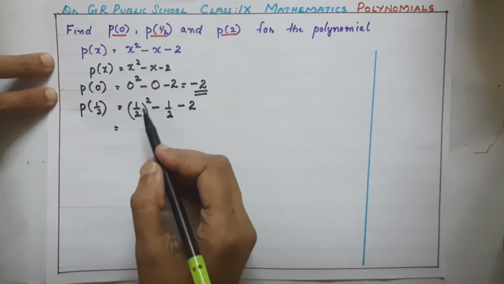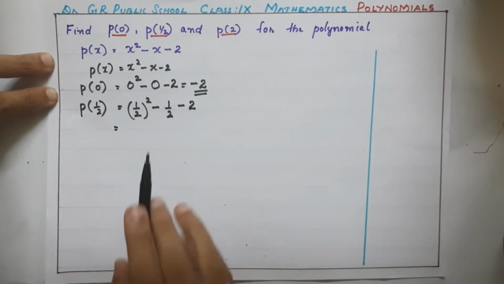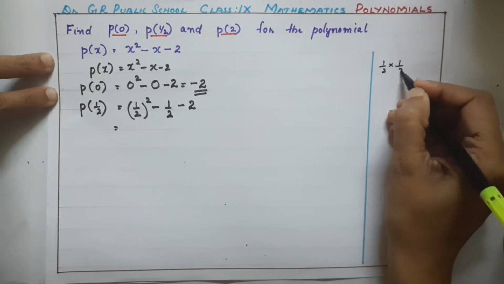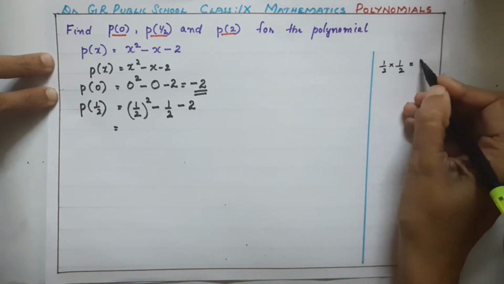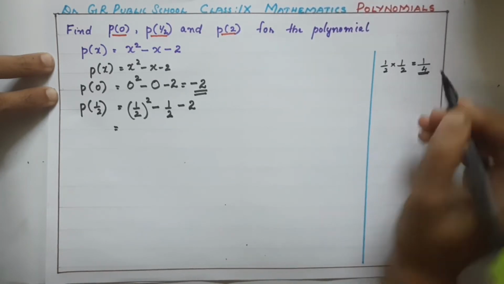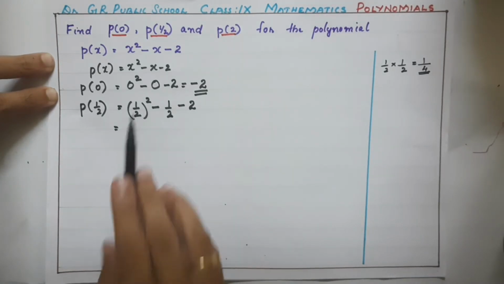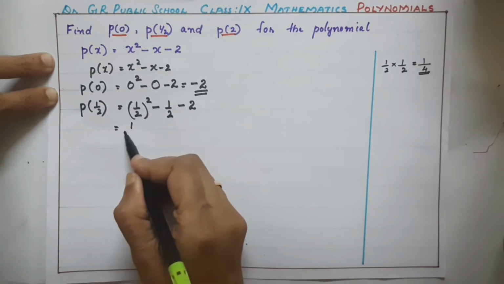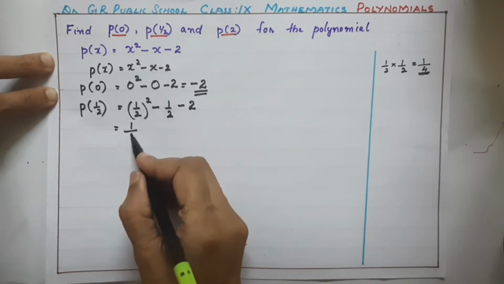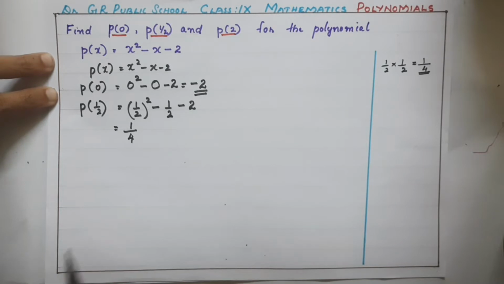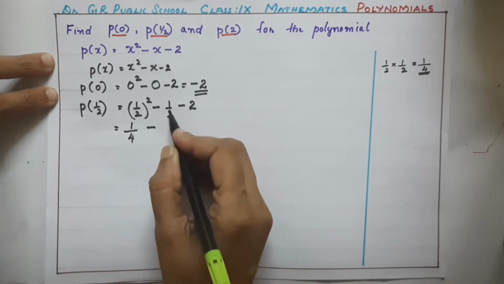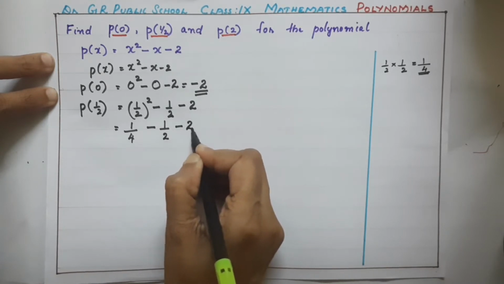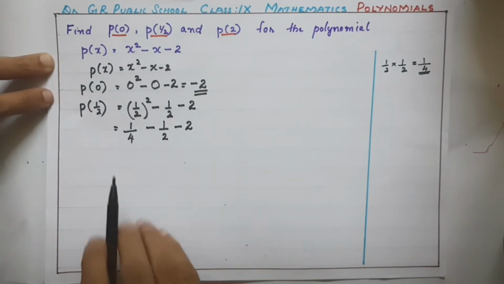It is equal to, what is 1 by 2 the whole square? 1 by 2 the whole square is 1 by 2 into 1 by 2. So what is it? 1 by 4. Isn't it? Or 1 by 2 the whole square can be written as 1 square by 2 square, 1 square is 1, 2 square is 4. Like this also you can write. Then minus, we have 1 by 2. Then minus 2. Okay children?